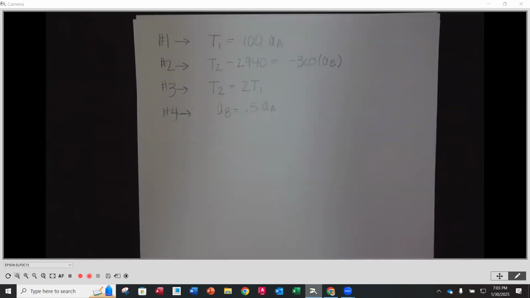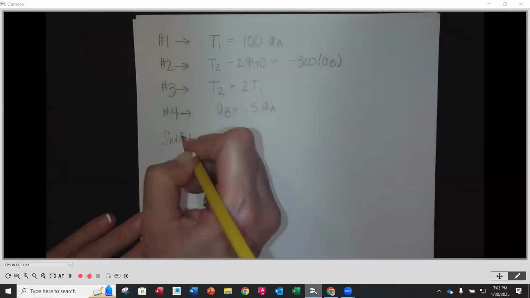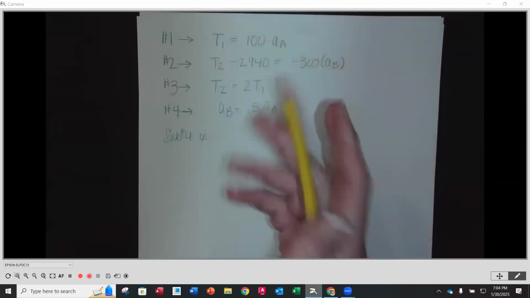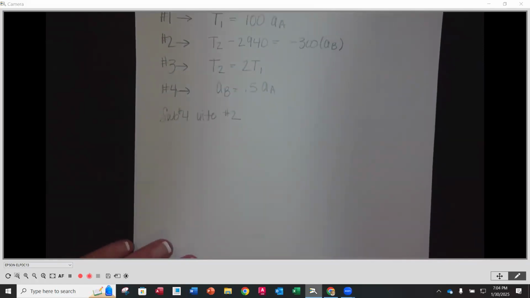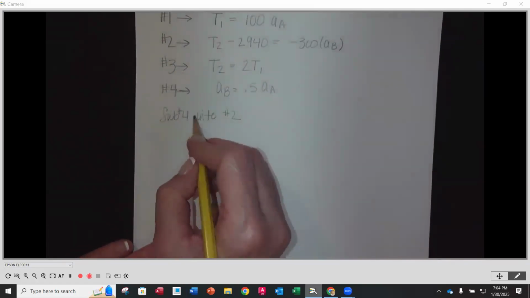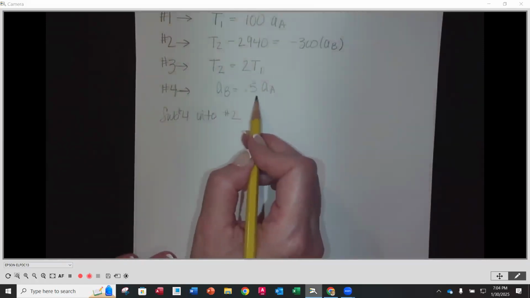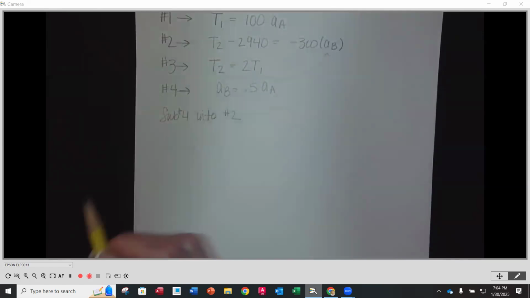Sometimes it takes a little bit of trial and error. I'll tell you what I did. I'm going to substitute number 4 into number 2. I know you guys could do this, but I'm saving a little time here. So for number 4, I'm going to put 1/2 the acceleration of A up in here.